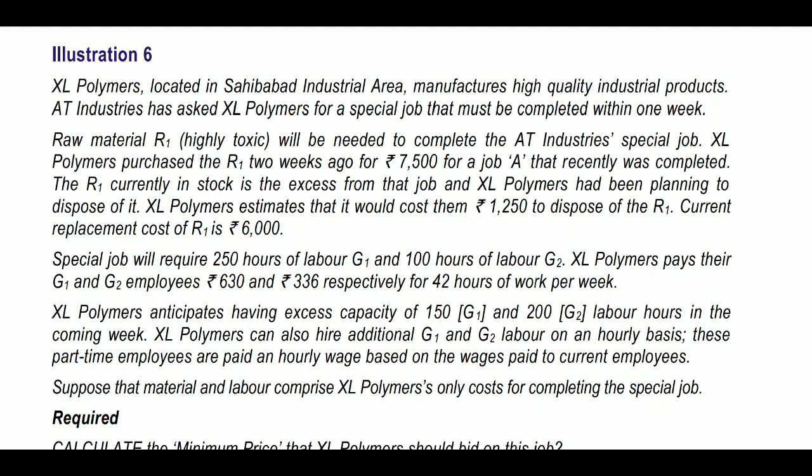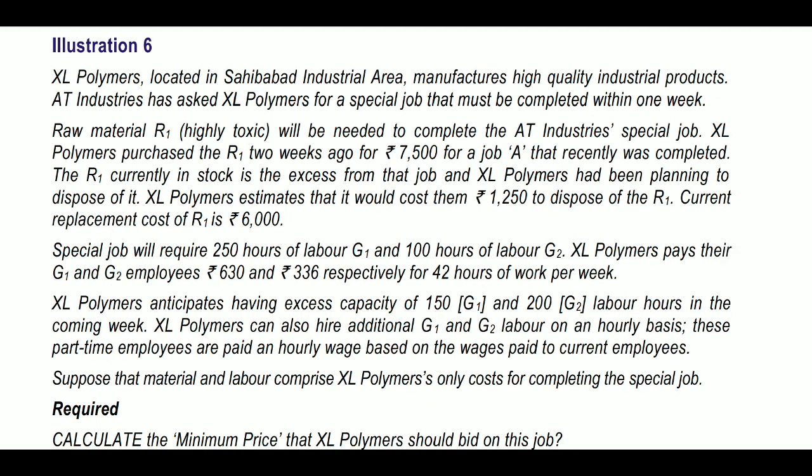Next, raw material R1, highly toxic, is needed to complete the Creative Industries special job. So for the purpose of the special job we need one special item, that is R1. R1 was purchased 2 weeks ago for 7,500 rupees for a job that was recently completed.